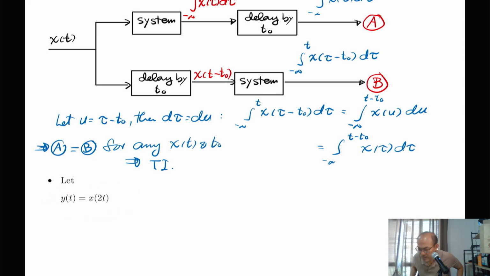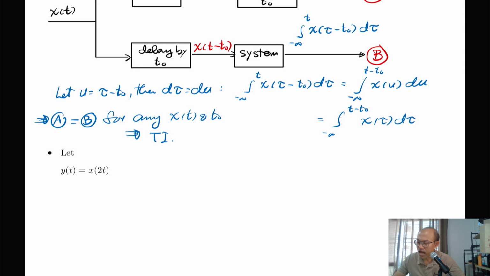Now I'm going to show that this one is not time invariant. The trick is to see this. If I'm messing with t inside of the parentheses, then I suspect that the system is not time invariant. I have 2t here, right? If I scale the signal, then it is not time invariant.